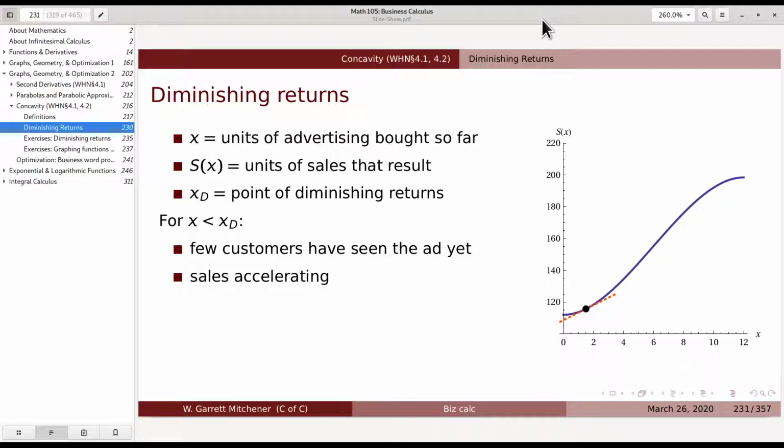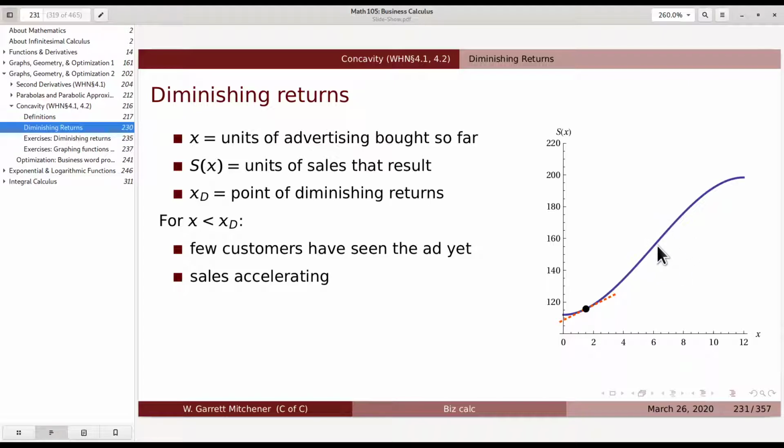Then we track with S of X how many units of sales have resulted from the X units of advertising. The point of diminishing returns comes somewhere in the middle of the ad campaign.